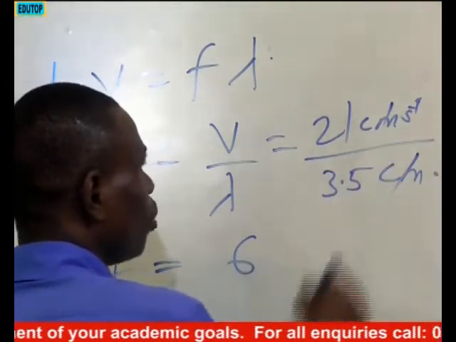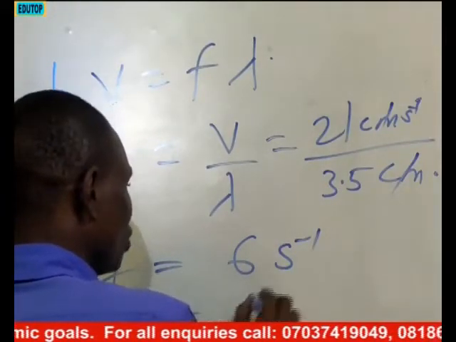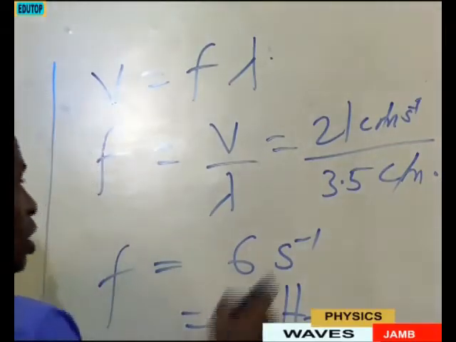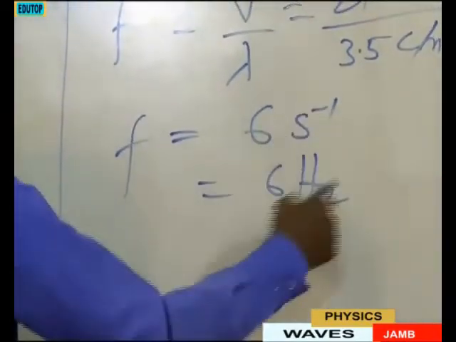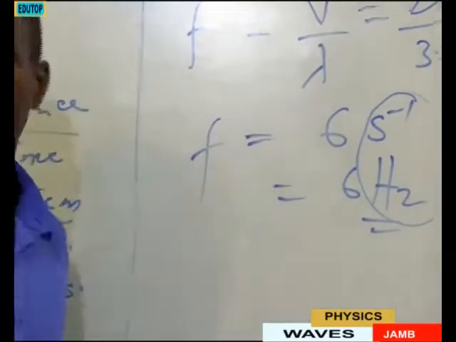The centimeter cancels, so we have per seconds, or 6 hertz, because it's the same unit for frequency, and that's the answer.